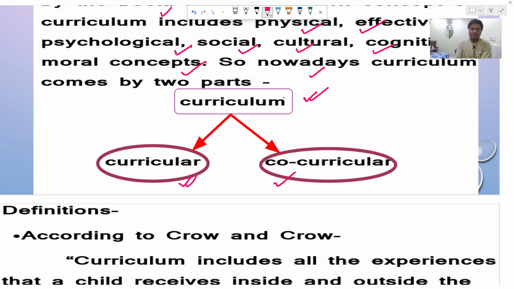Curricular relates to the subject material and the textbook, including the syllabus which is prescribed by the curriculum and the framework. And co-curricular activities relate to other activities besides the curricular subjects.